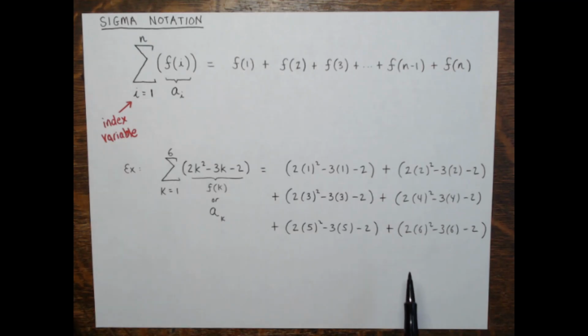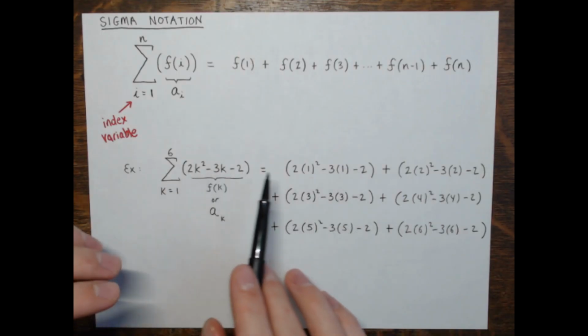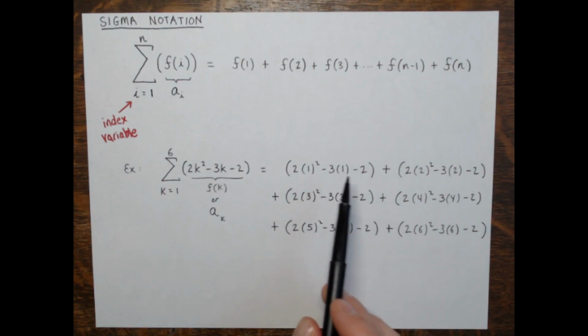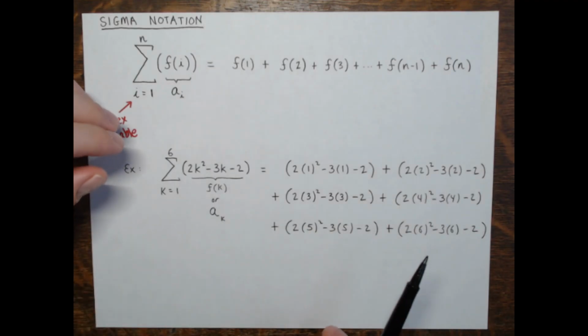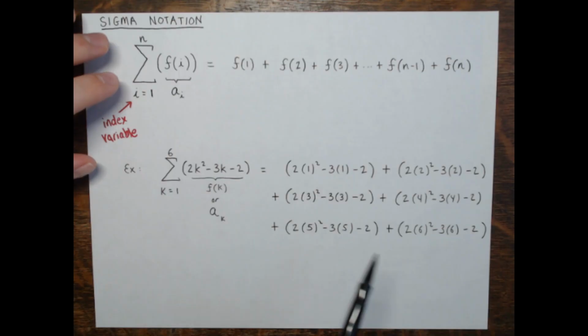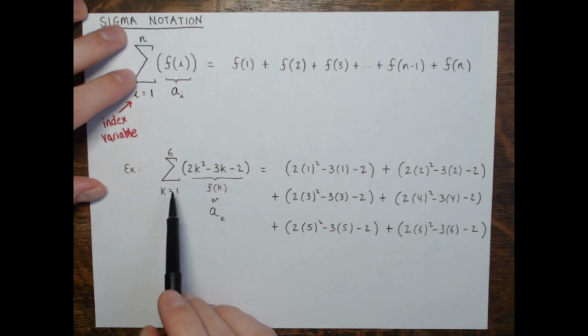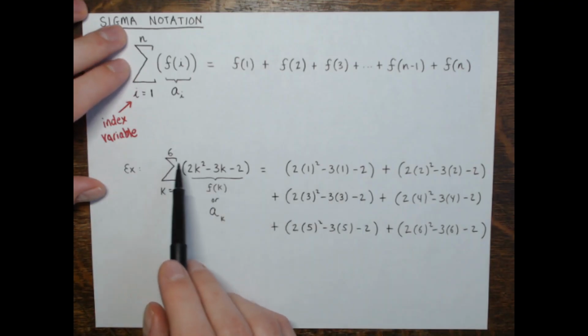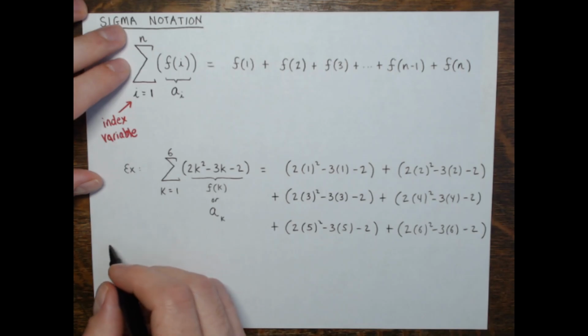Now, this is great and everything, right? It is what this represents. But this is quite a long-winded way of doing this. A little tedious. And it's not wrong, when k equals 1, 2, 3, 4, 5, and 6, this is 6 terms.